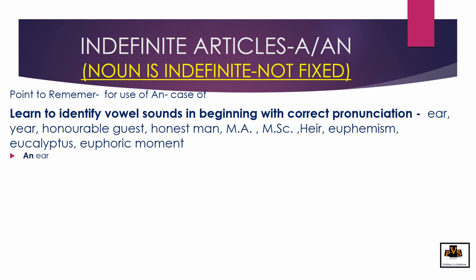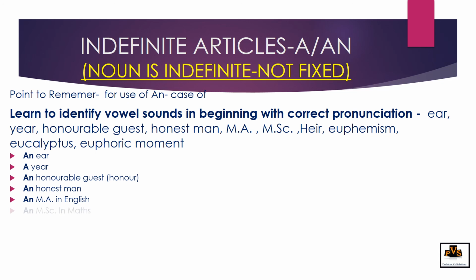First, an ear, a year, an honorable guest, because honorable comes from honor and it is a vowel sound. An honest man, an MA in English, though it seems that the first letter is M, but we are not using M sound of M. We are using its own pronunciation, and that is why we call it MA.